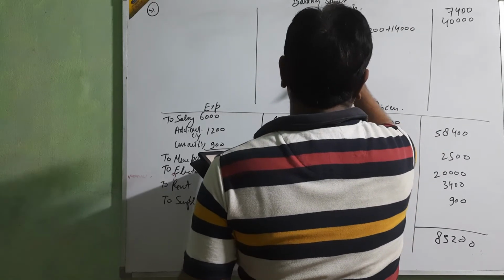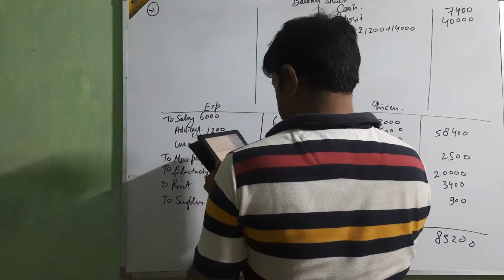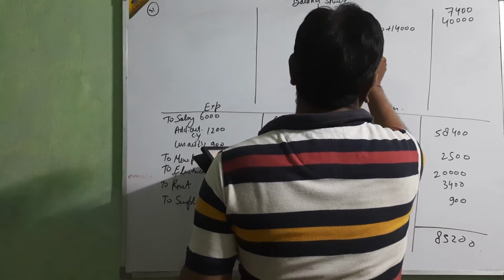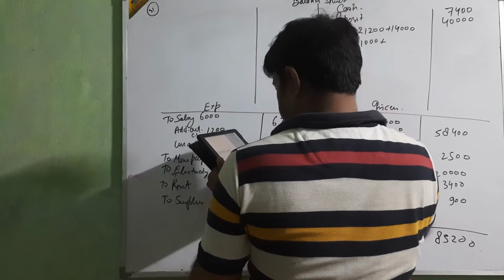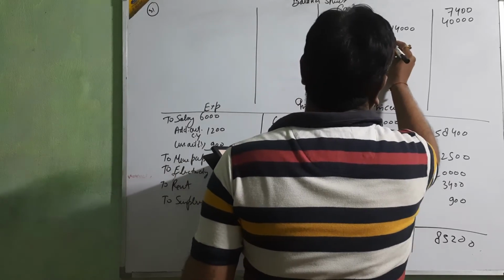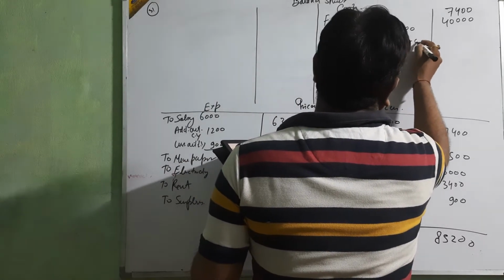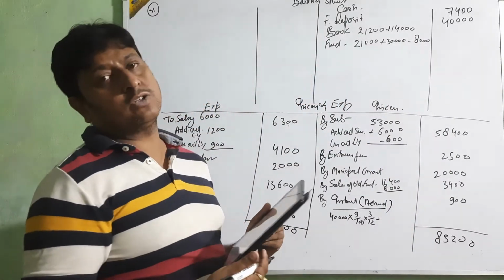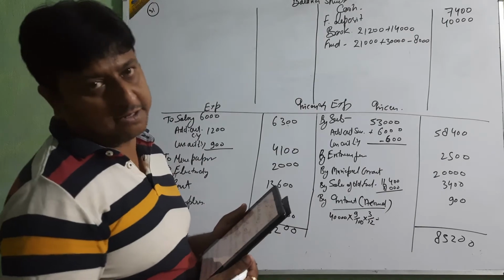And furniture, 21,000 here plus 30,000 outside minus 8,000, because the value of 8,000 is old furniture sold.